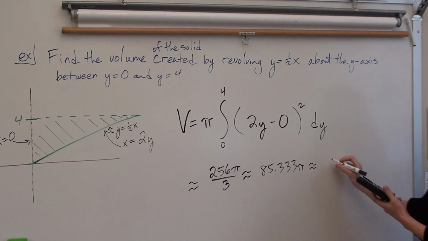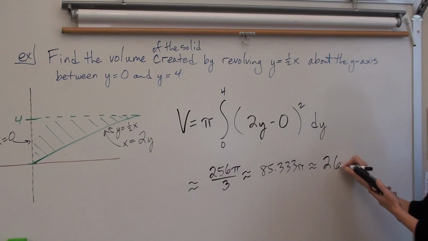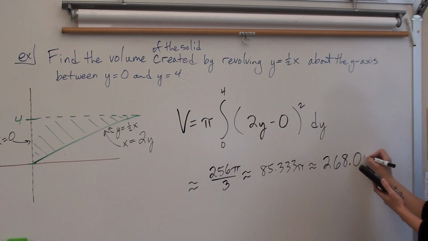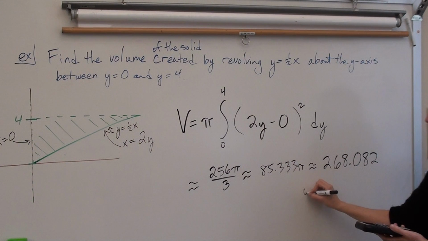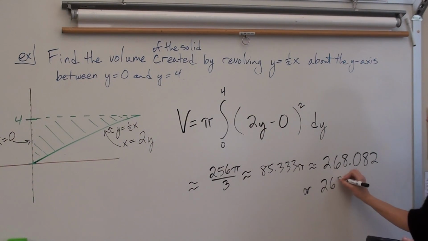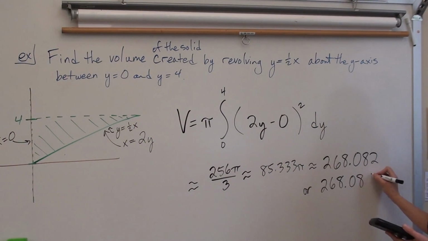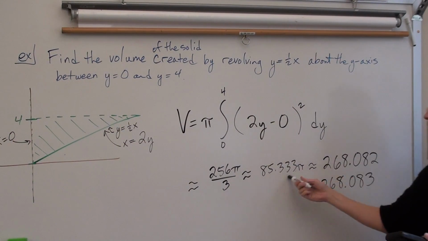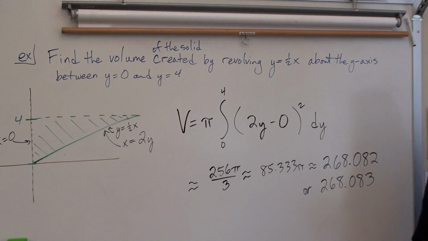But what I'm expecting most of you to have is 268.082 or 268.083. Any of these answers would be accepted. Okay, does that make sense?